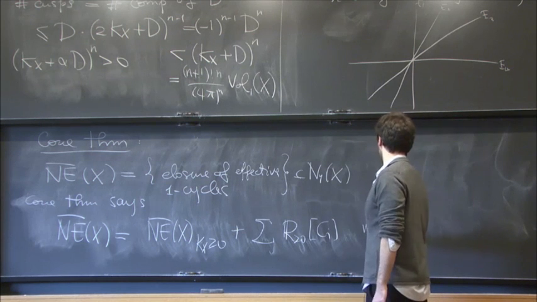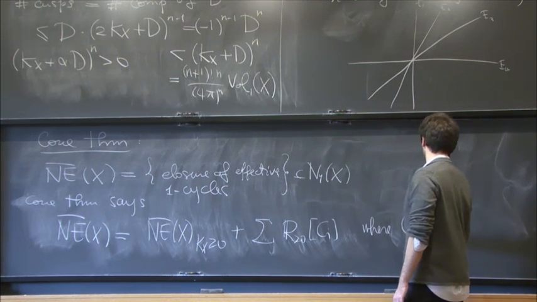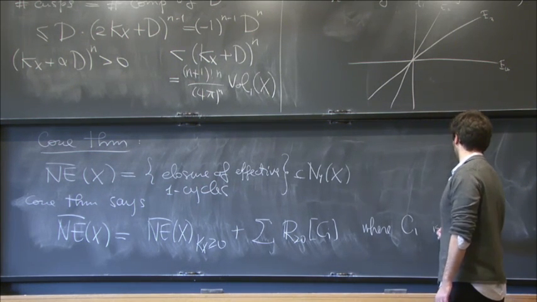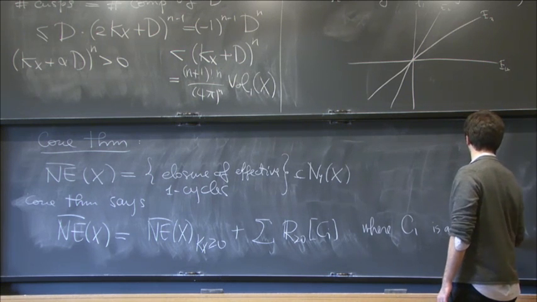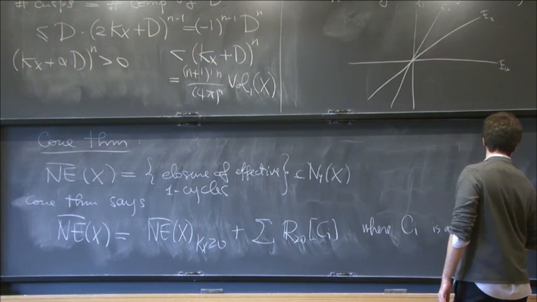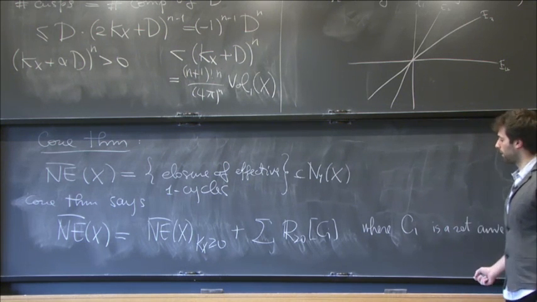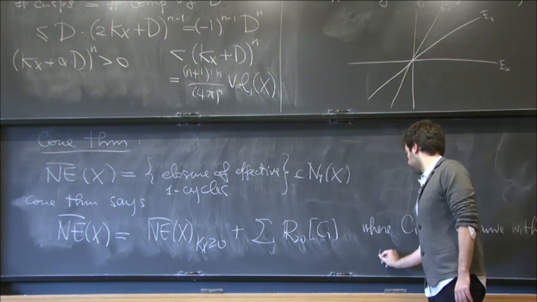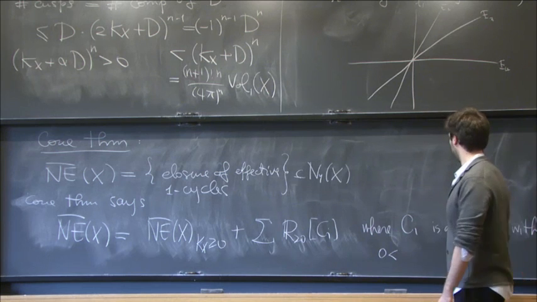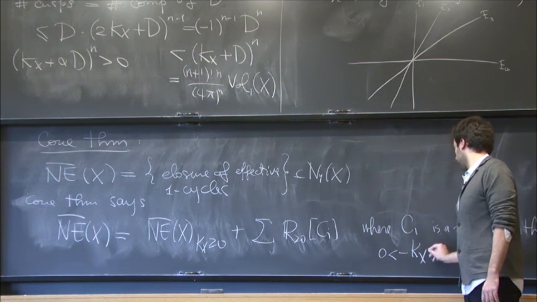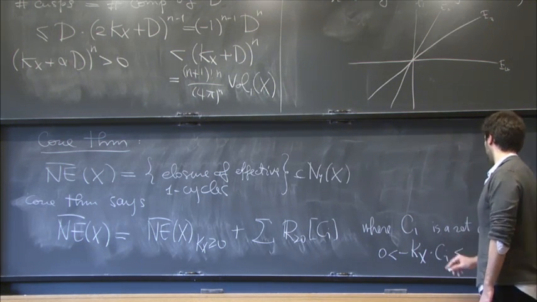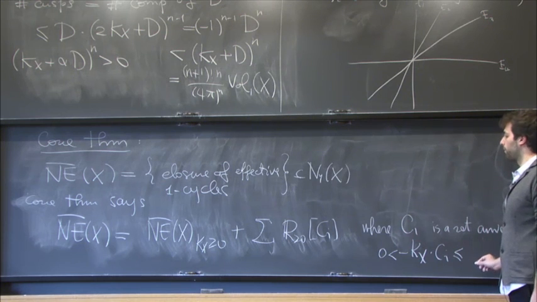So where C_i is a rational curve. And also we know a bound on the intersection with the canonical class, so K_X dot C_i is always less or equal than the dimension of X plus 1.